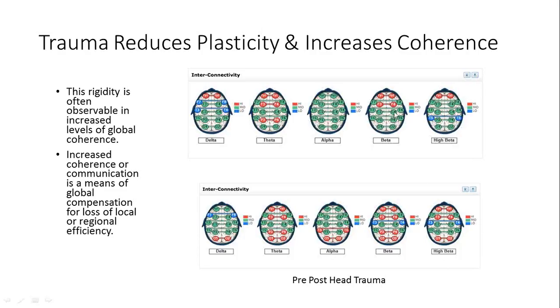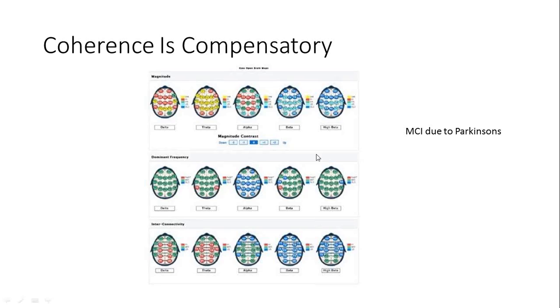And you can see, particularly in beta, after the head trauma, there was increased communication in the posterior region, probably to cope with sensory processing deficits from the head trauma, to make up for that, and that we had lost some communication in the temporal lobe, which is very typical with head trauma, and that processing had been reduced in that area. So that can be something of value to note. So we'll have to look at another map to get a better idea.